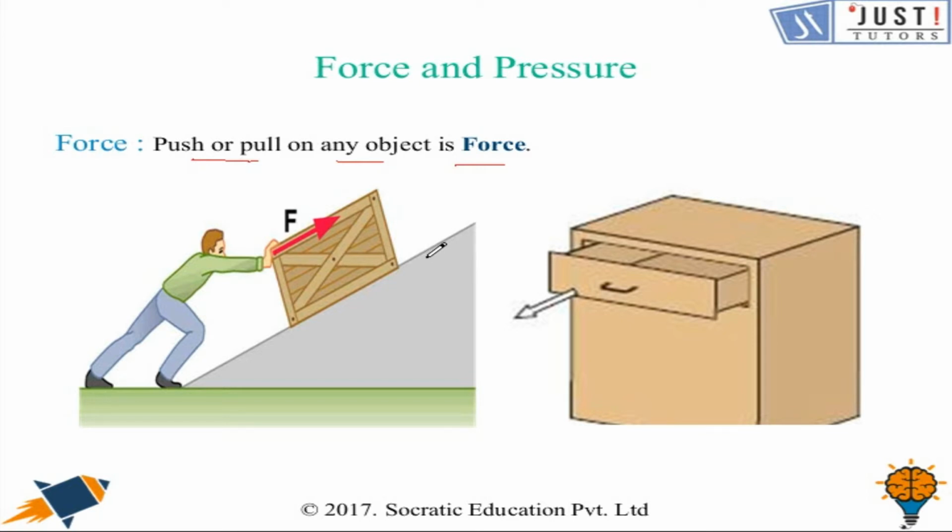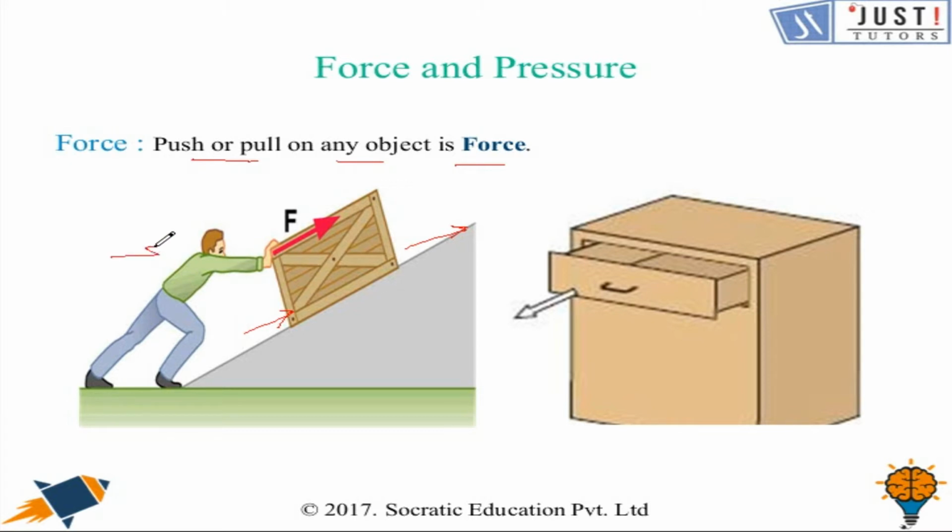When the direction of force upon an object is towards the object, it is called push. As you can see here, we have to move this box in this direction, so we are applying force in the same direction, so it will be push. As another example, we can take applying force on the door to open it, or applying force on a block to move it.